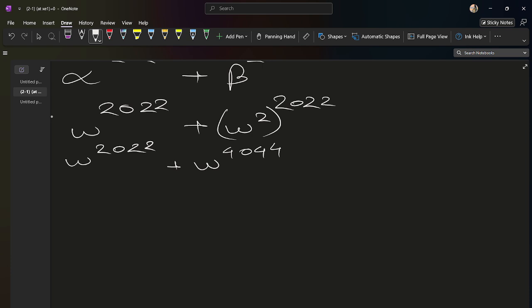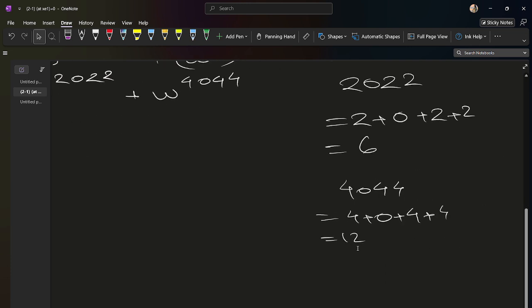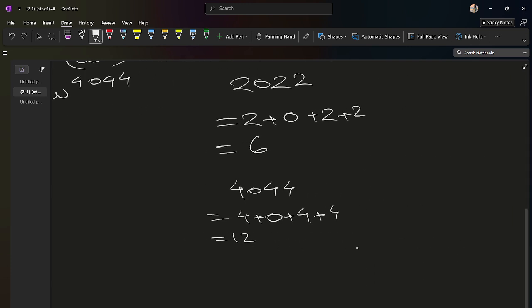The sum of the digits of 2022 is 2 plus 0 plus 2 plus 2 equals 6, and 6 is divisible by 3, so 2022 is divisible by 3. The same holds for 4044: 4 plus 0 plus 4 plus 4 is 12, which is divisible by 3, so 4044 is also divisible by 3.